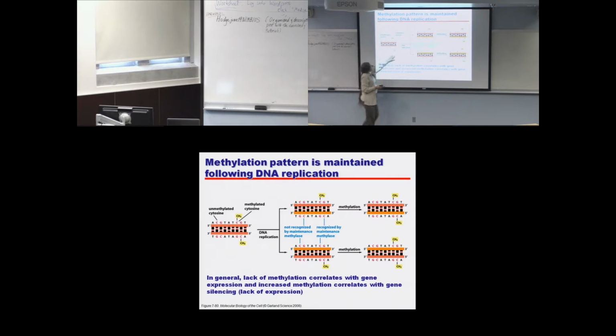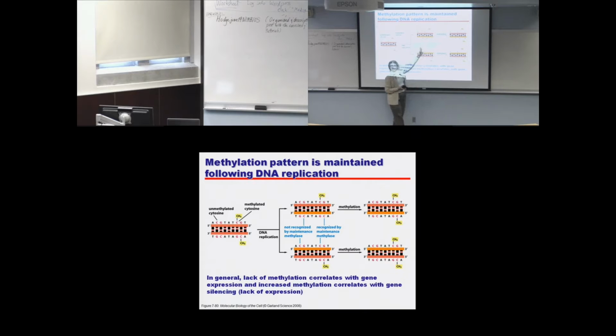When that happens, we're going to split this apart, break those hydrogen bonds, and then make a new complementary strand of DNA for each of these two templates. So now we've got something that's half methylated on that CpG, and not methylated here and here.